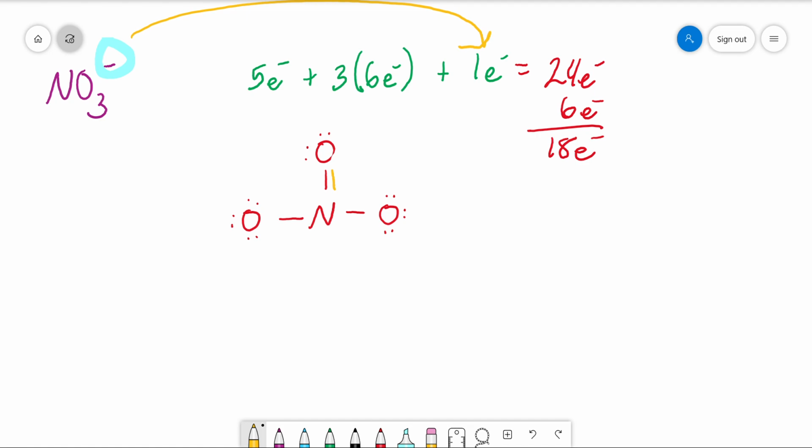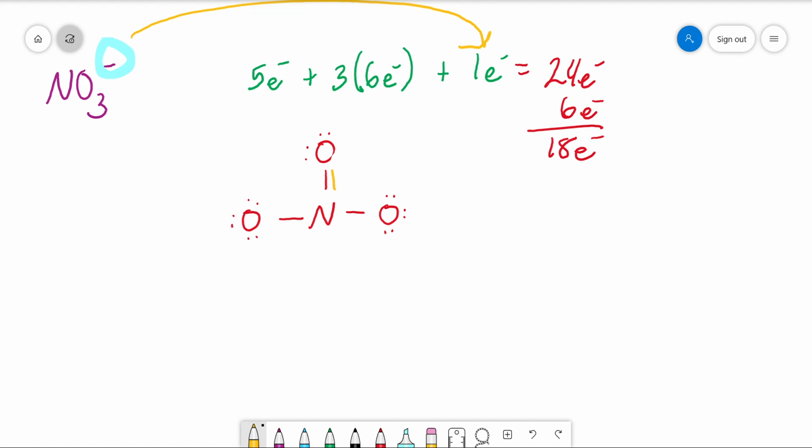All the oxygens have a full octet, so this is good, except if we were to count this up, it has 24 electrons, which is what we're supposed to have, by the way. But 1 nitrogen and 3 oxygens should only have 23 electrons.